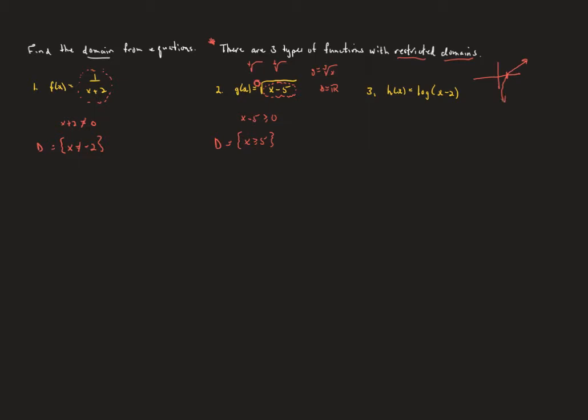You can see it is not defined for either negatives or 0. So similar to what we did with the radical, but slightly different, we're going to say that x minus 2 has to be strictly greater than 0, it cannot be equal to 0. And so that leads us to a domain of x greater than 2.